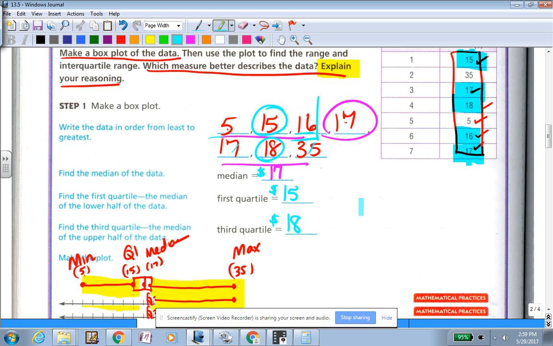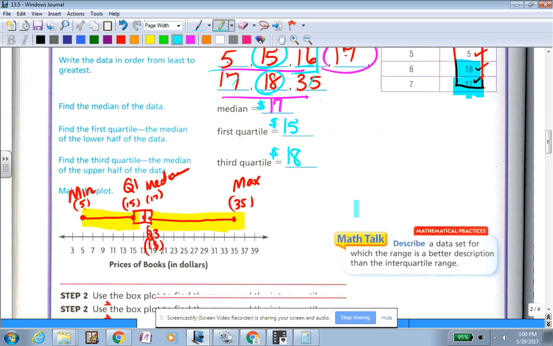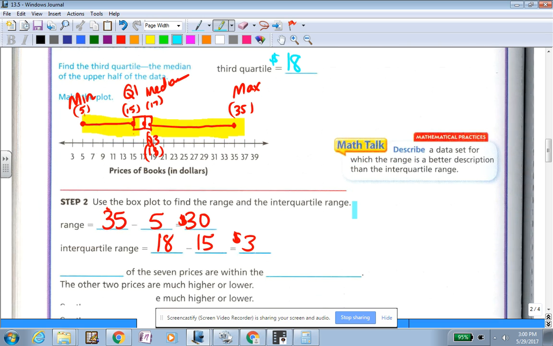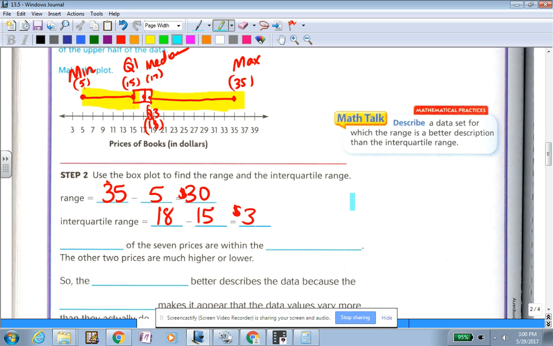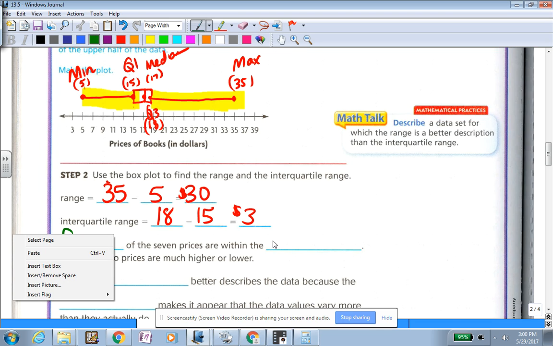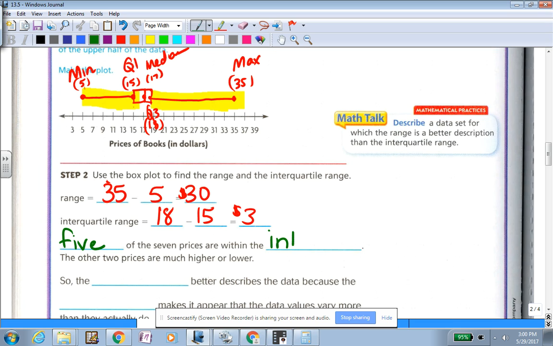Since 5 of the 7 data values are within the IQR, that probably is a pretty good indicator of the better measure of variability to use. So 5 of the 7 prices are within the interquartile range.